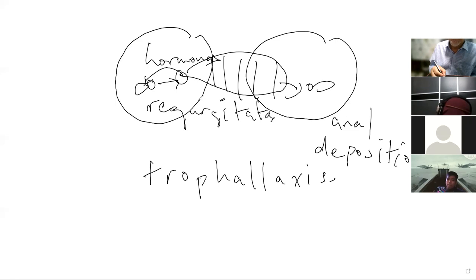Trophallaxis, whereby food is exchanged from mouth to mouth feeding and from anal to mouth. So the process is called trophallaxis. This is called proctodium, by the way.